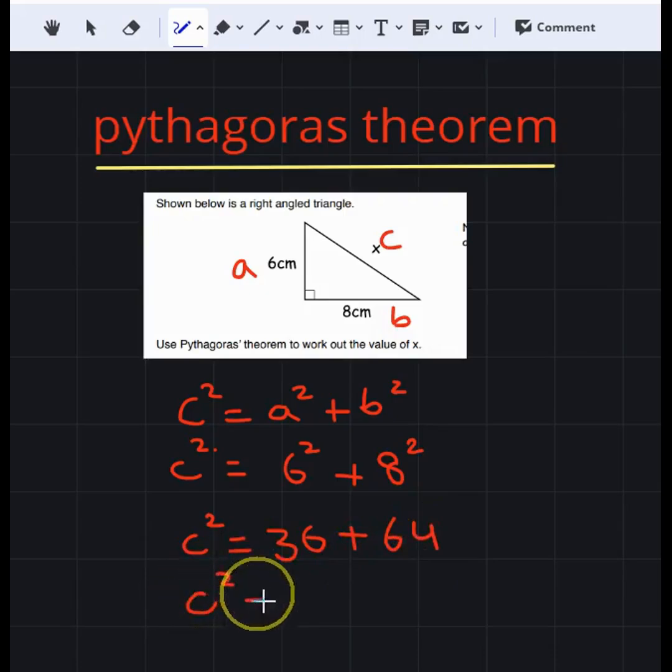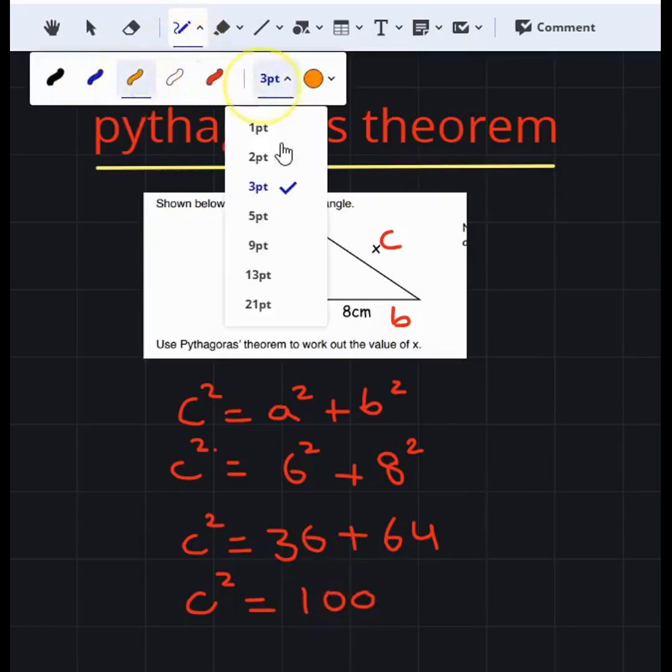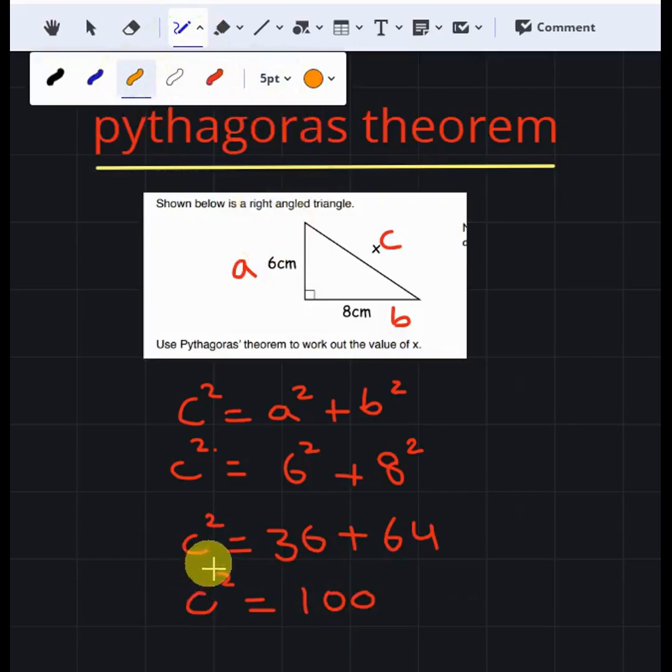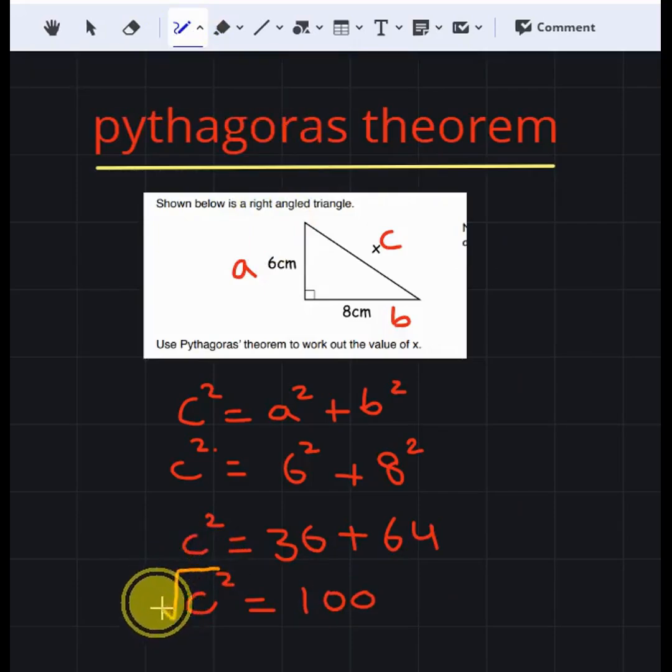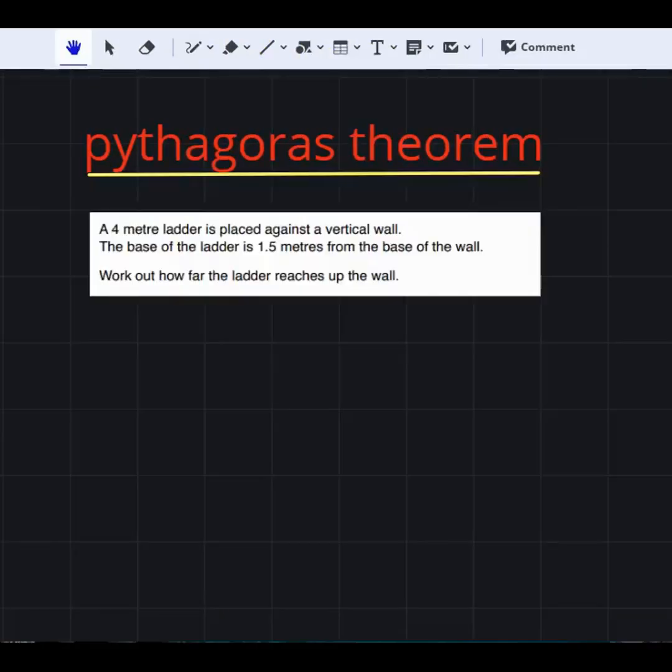C squared is equal to 36 plus 64, which is equal to 100. Now I have to take the square root to find the value of C. So taking the square root of both sides. So the value of C is equal to the square root of 100, which is 10 centimeters.